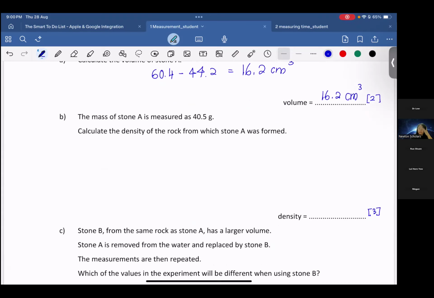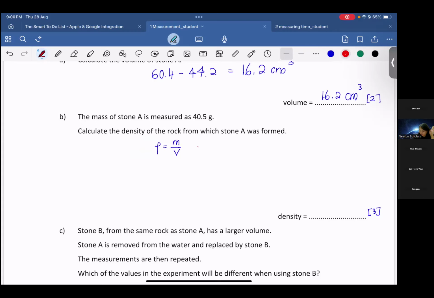If 3 marks, how do they allocate the marks? As long as the calculation is above 2 marks, 3 to 4 marks, first you have to write the formula.